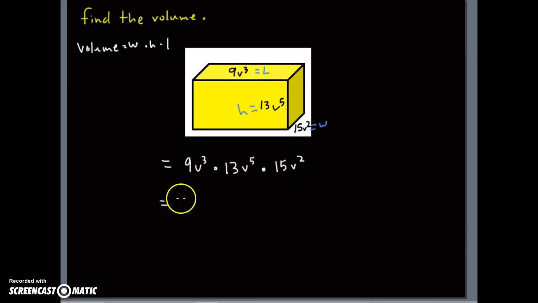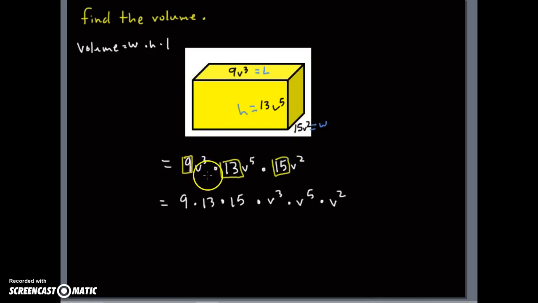My coefficients in front. 9 times 13 times 15 times v to the 3rd times v to the 5th times v squared. So what I did was looked at my coefficients. I moved all of those towards the front, and then I left my bases towards the end.